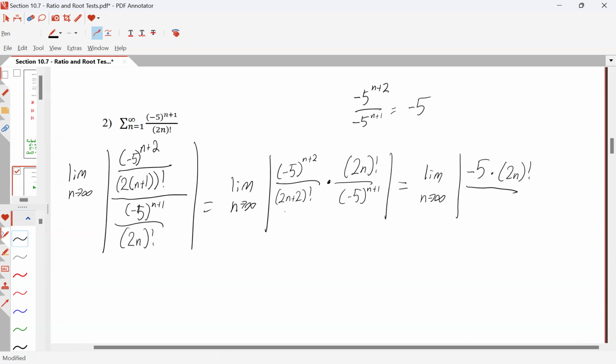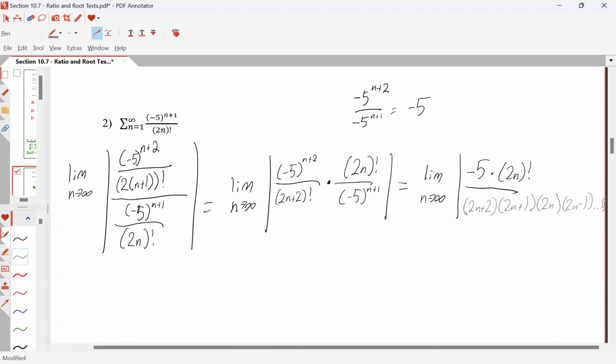And this 2n plus 2 factorial, to see how it cancels, I'm going to write out a little bit of what that looks like. So 2n plus 2 factorial is 2n plus 2 times 2n plus 1 times 2n times 2n minus 1, and so on, until we multiply down to multiplying by 1.